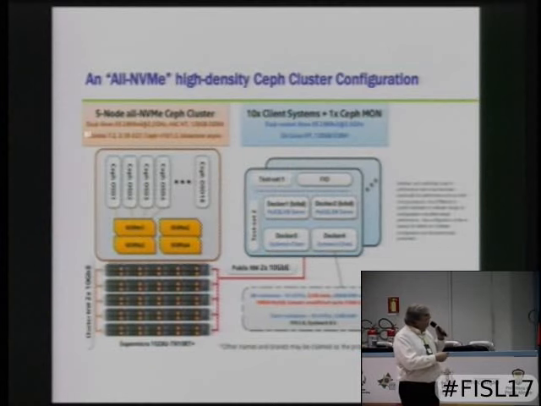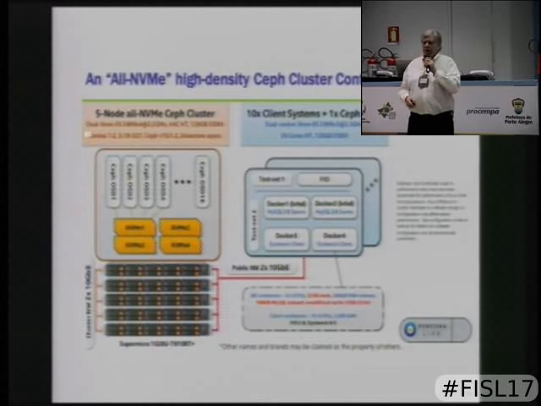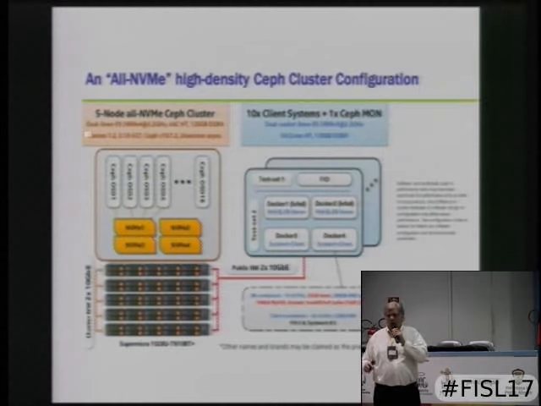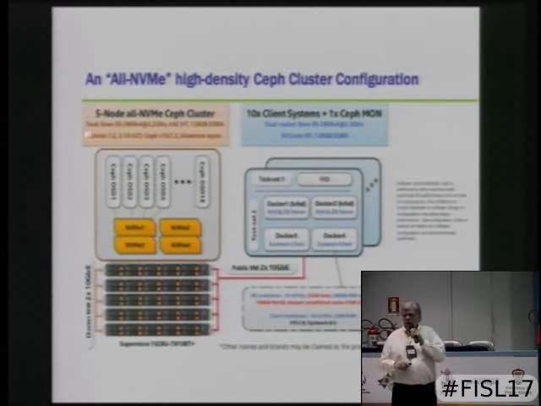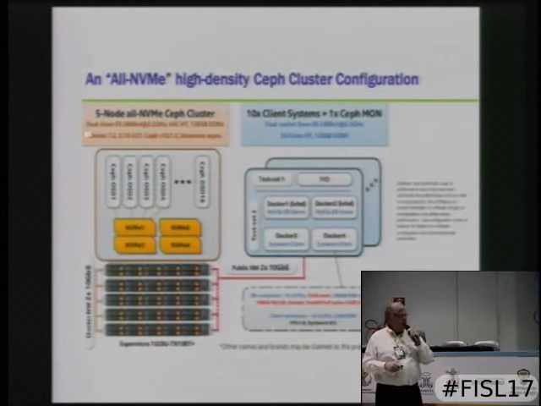So this is a configuration that Intel presented at a database conference a couple of months ago. And this is an example, and there are other examples from other manufacturers. This is an example of an all NVMe PCIe cluster, and this one also was done with a new Ceph backend file system called BlueStore.